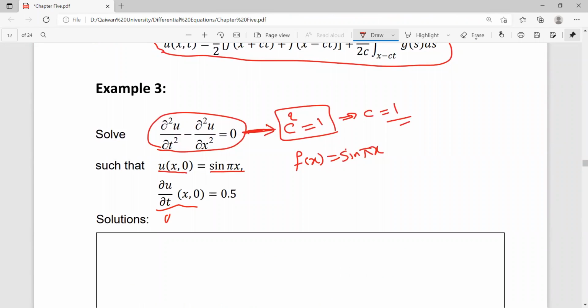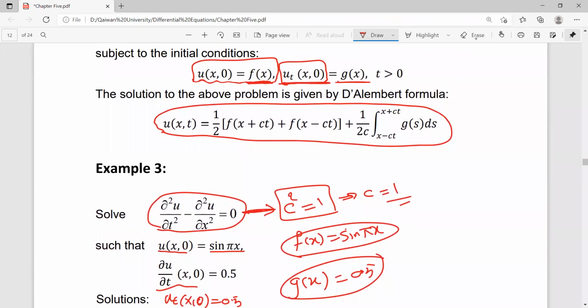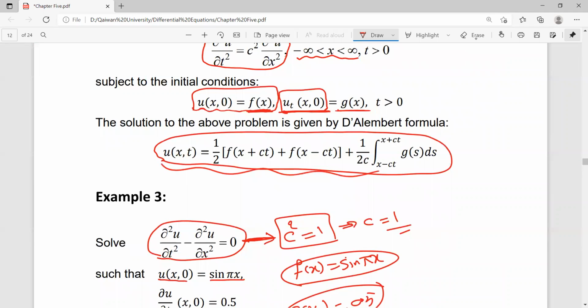It's the same as to say u sub t of x,0 equals 0.5. That means g of x equals 0.5. We have f of x, g of x, and c. Now we apply this rule. We just put f of x, g of x, and c into the above formula.